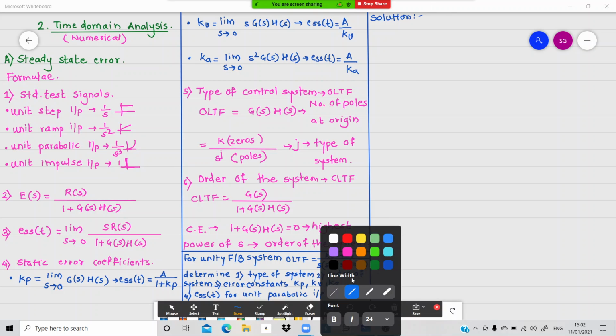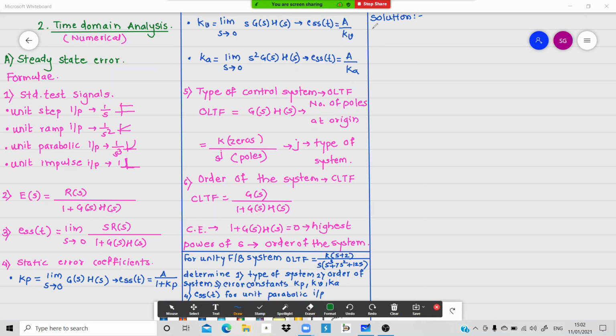Okay, number 1, in OLTF, now I can write the OLTF as K into bracket S plus 2 upon... See, and in this topic mostly the question will be based on these coefficients.